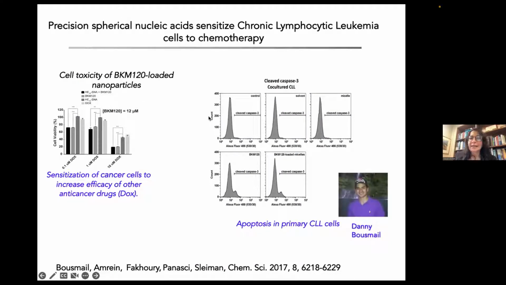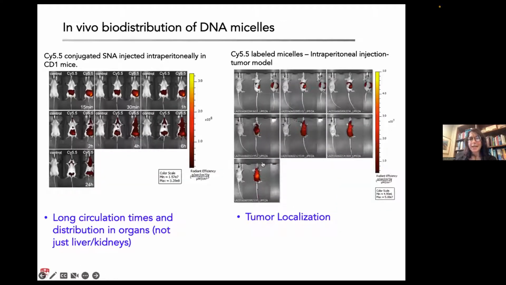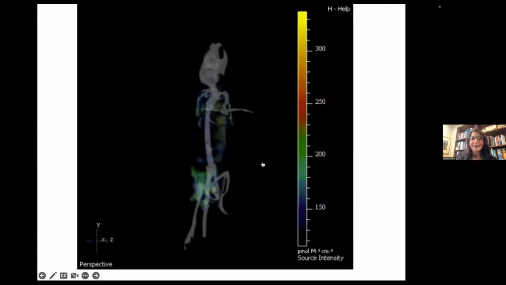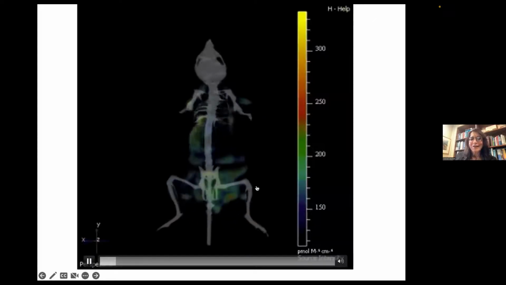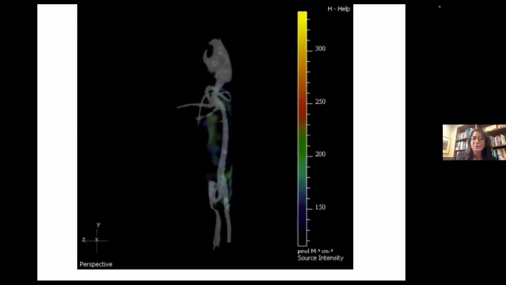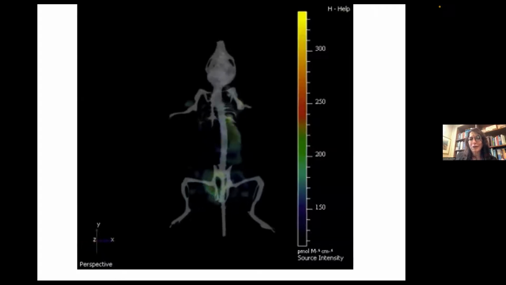Very quickly, yes, indeed, we can encapsulate BKM120, and in primary leukemia cells, we see definitely that they act as they should. They resensitize patient cells to chemotherapy. And now let me show you just a little bit, an IVIS fluorescence image of where they are.